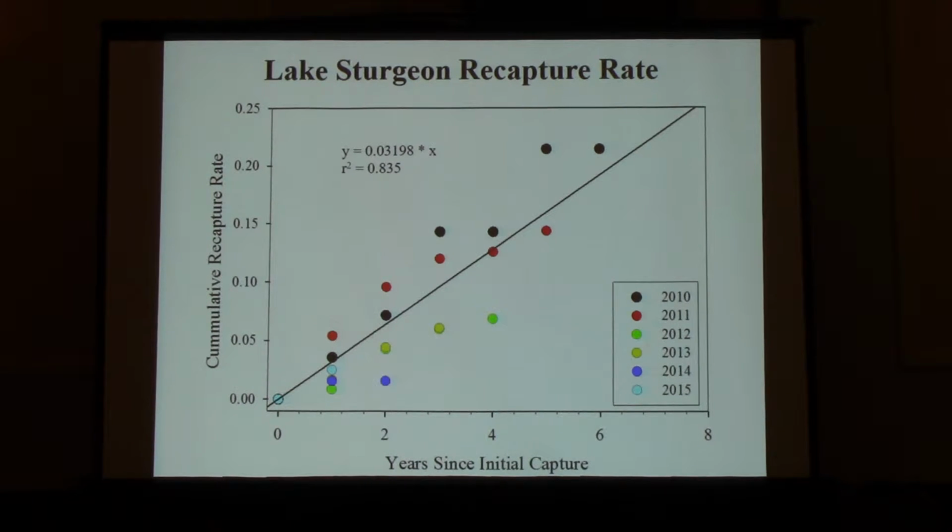And when you fit a linear regression to it, you get a pretty good fit, a nice R value, and you see your slope is about 3%. So every consecutive year that you sample your initial plug of fish, you're going to increase your cumulative recapture rate by about 3%.